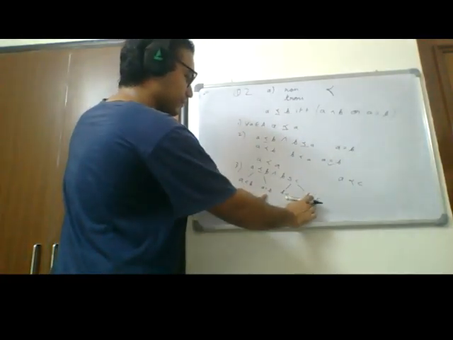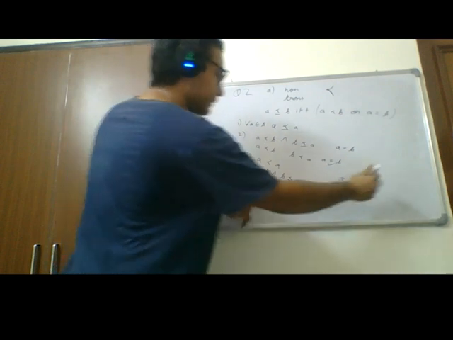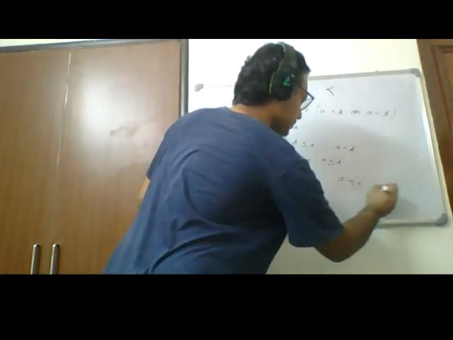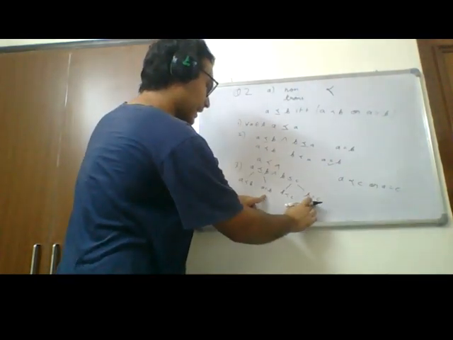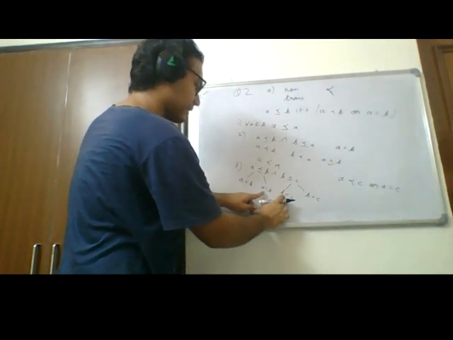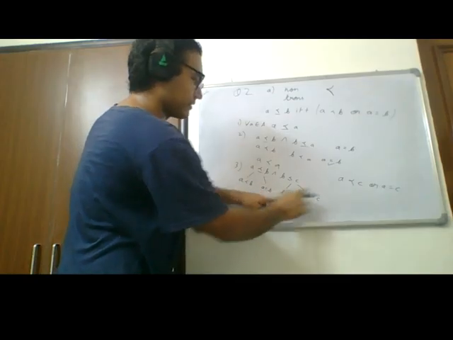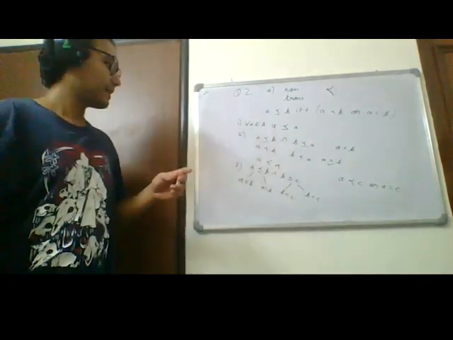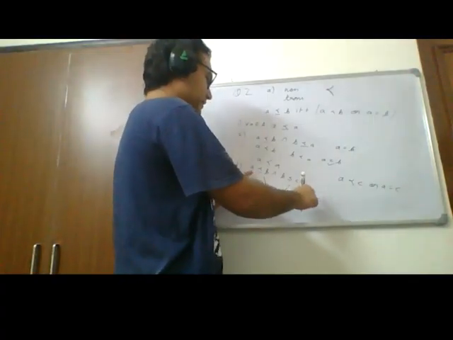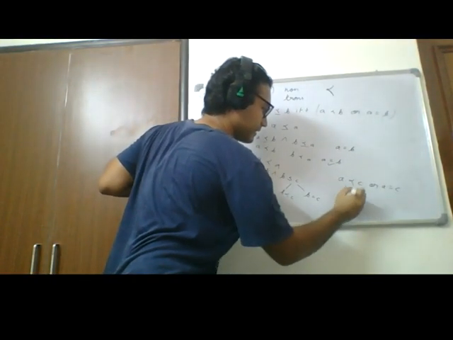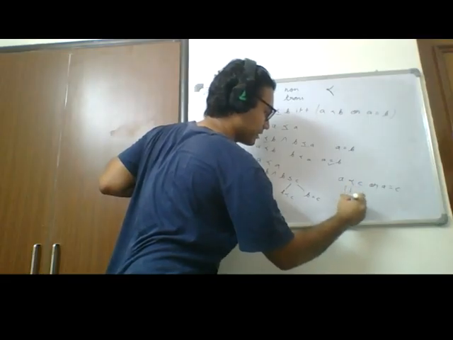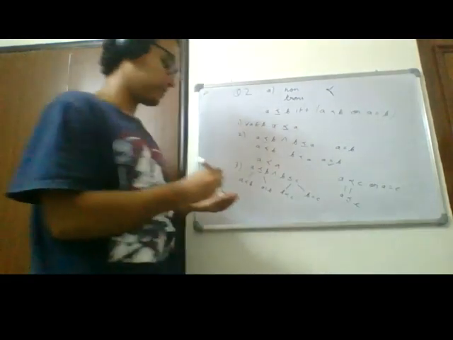If A is equal to B and B is equal to C, then A is equal to C, which is also fine. And lastly, if A is equal to B and B is less than C, then A is less than C. So in every single case this is satisfied, and that's precisely what it means for A to be less than or equal to C. So we're done.